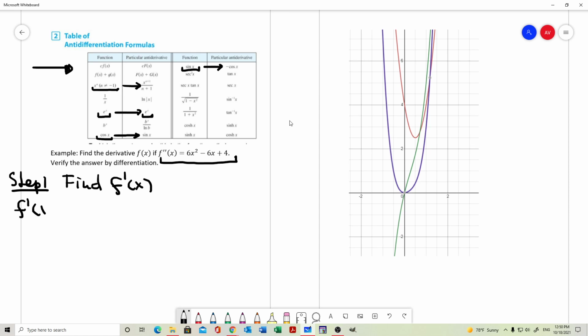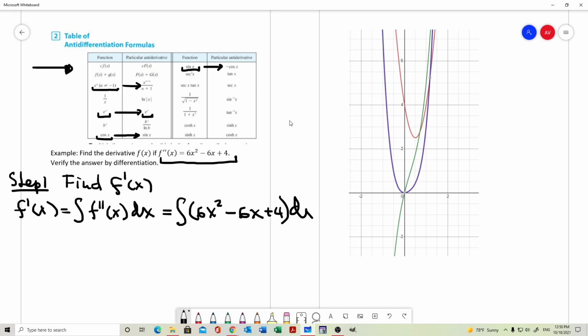F prime of x will be equal to the antiderivative, this is the integral sign, of the given function dx, or antiderivative of 6x squared minus 6x plus 4 dx. And we need to locate the appropriate formula.